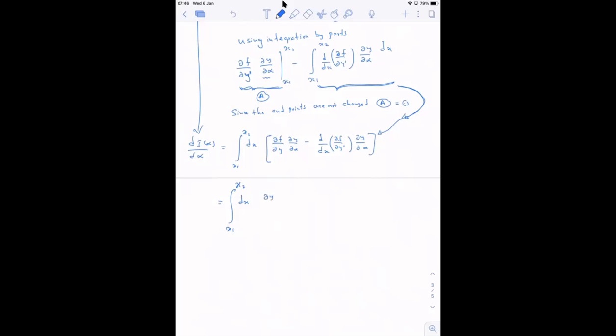So that means I can take that out from the brackets: ∂f/∂y minus d over dx ∂f/∂y', and then keep ∂y/∂α outside the brackets. Let me name this 5.8.